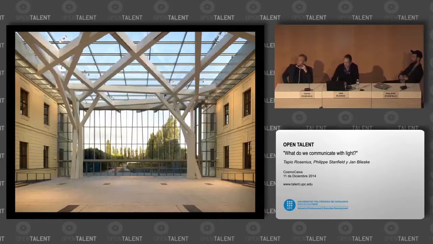We can communicate, or we can show architecture more or less as it is. This is a project from Daniel Libeskind in Berlin, the extension of the Jewish Museum in Berlin. And this so-called sukkah was built for events.